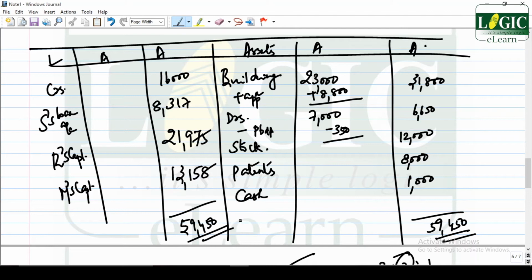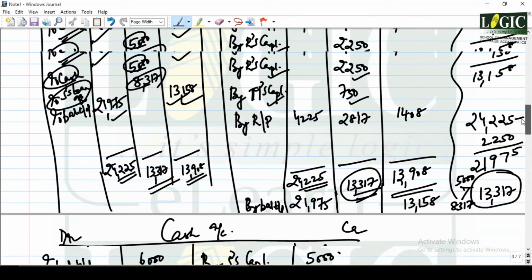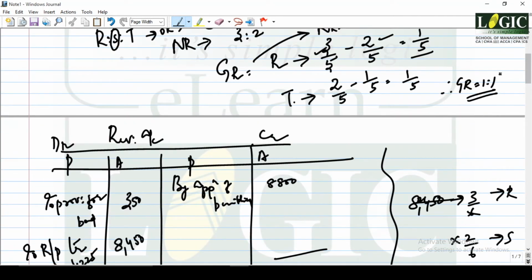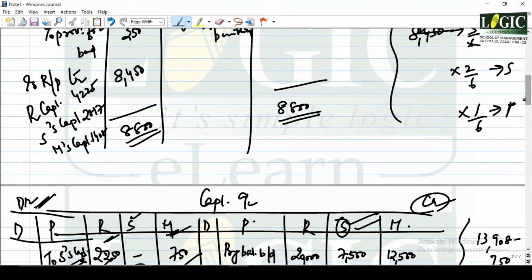So in retirement, the approach towards full problems remains the same, with the only exception that you will be transferring revaluation profit to all, including the retiring partner, because whatever is made by the firm till the point of retirement is eligible to be enjoyed by the retiring man also.